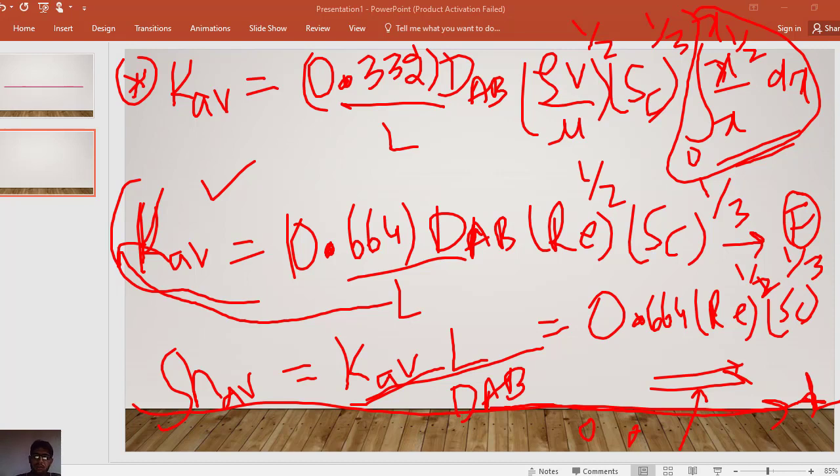So this is the average Sherwood number. Now suppose this is equation number I.